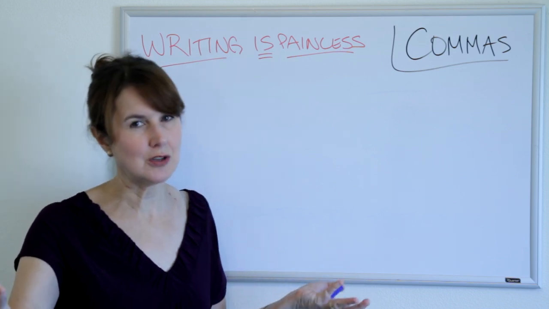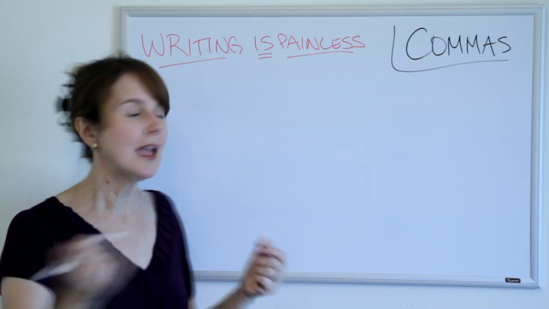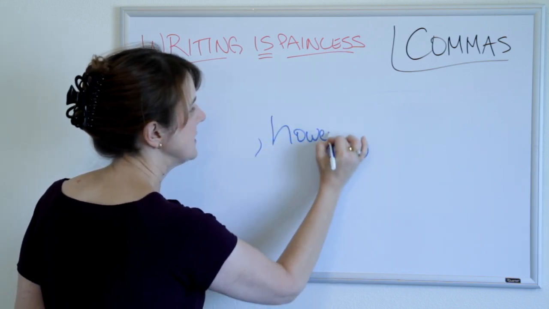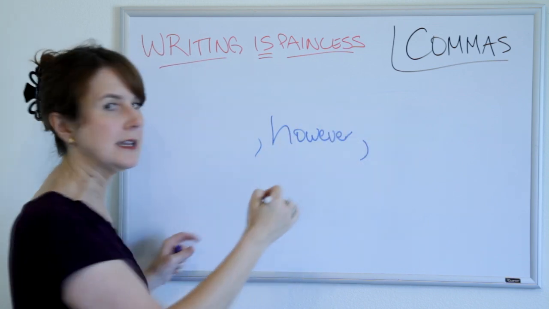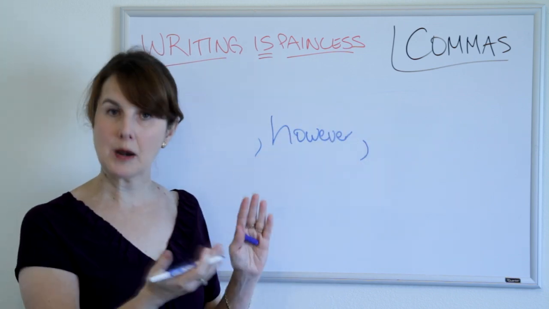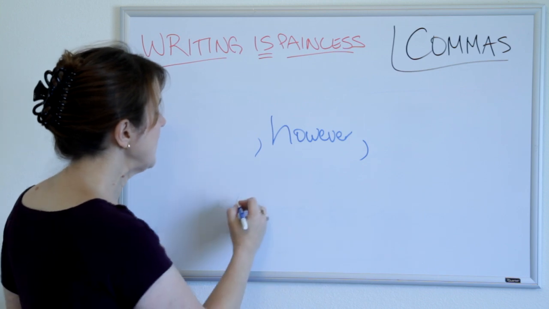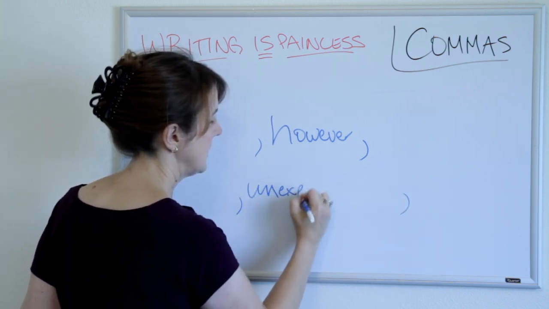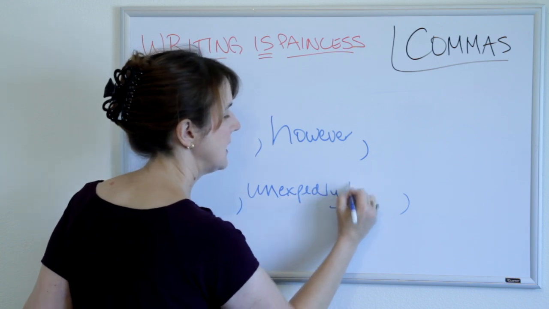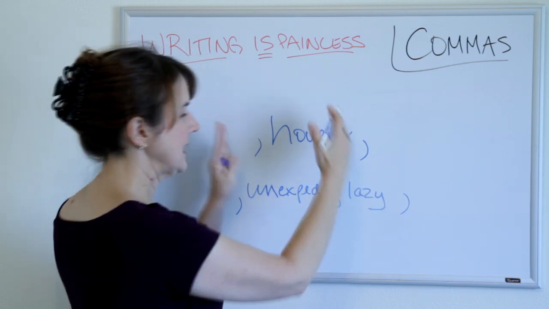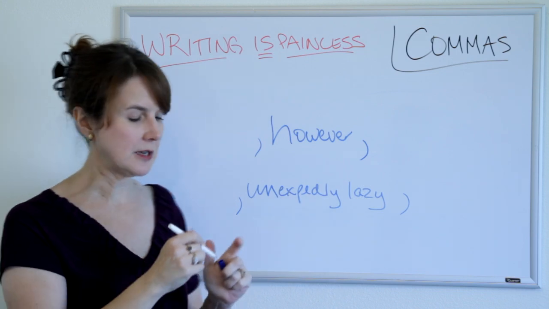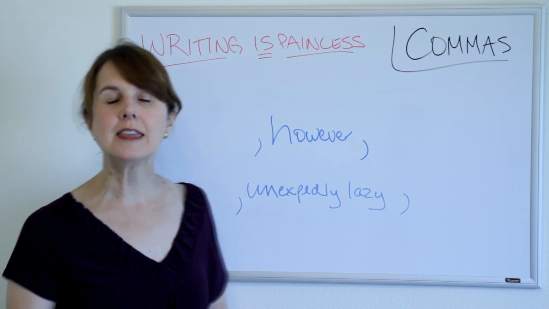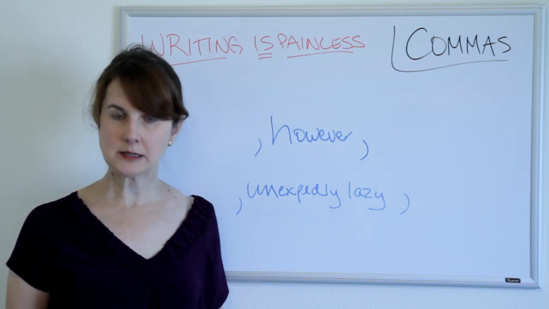I have Labrador retrievers, so I often use labs in my examples. In this case, the word "however" in the middle of the sentence is non-essential. It could be in parentheses, but for readability, you want to make sure it's in commas. It could also be a phrase, like "unexpectedly" or "lazy." Whatever it is, if it's non-essential to the meaning, you would offset it with commas. I'm going to talk a little more about non-essential and essential elements in a second.